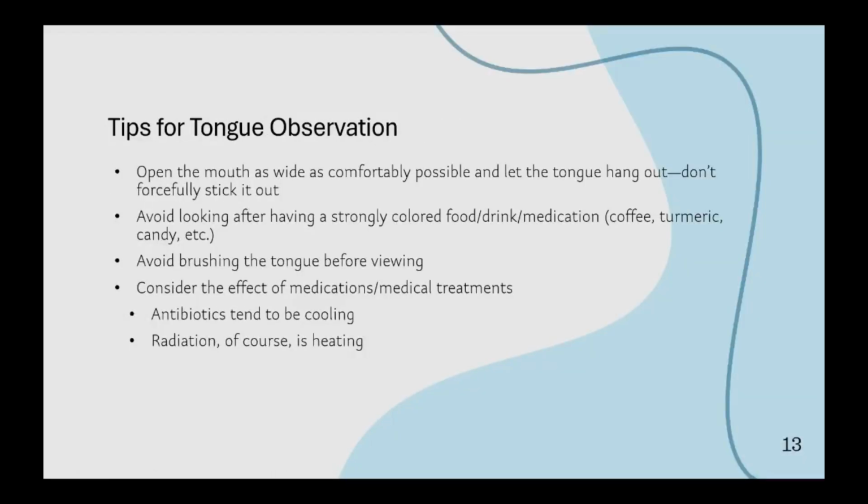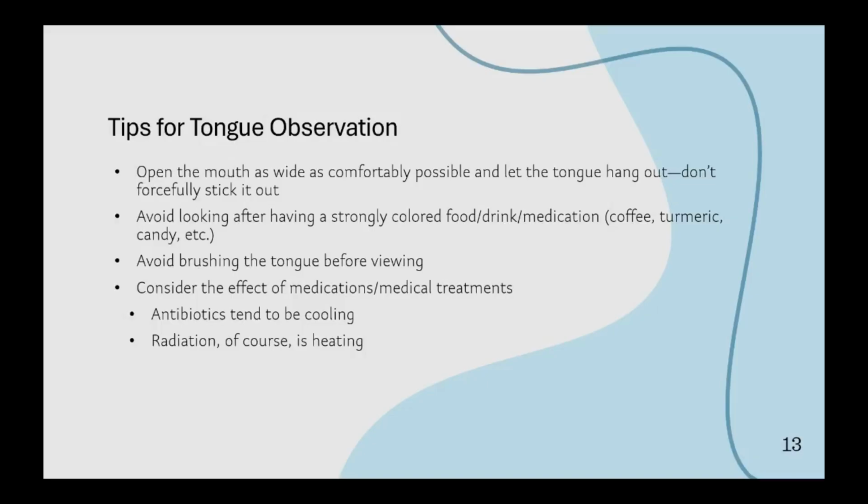And some tips for when you are observing the tongue, whether it's your own or friends or family or patients: I tend to ask people, open your mouth as wide as comfortably possible and just let your tongue hang out. So don't forcefully stick it out. It's not like you're at the dentist and you have to say, ah. You just kind of let it fall out.